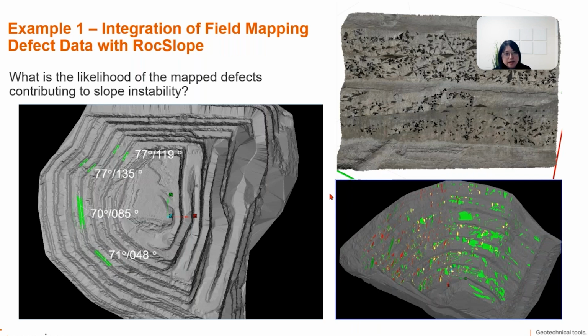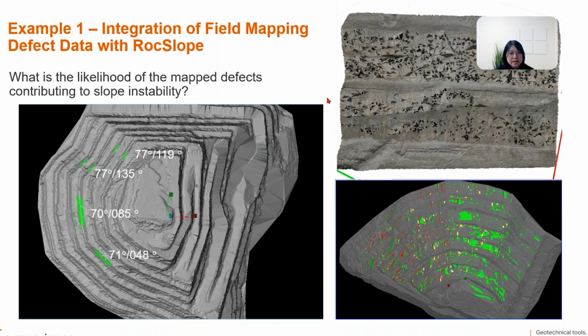So in my first example, my workflow starts with the detailed mapping of my slope geometry and joint orientations and locations. So today we have the technology such as LiDAR and photogrammetry to scan the most current slope geometry and to map the exact locations of the defects.